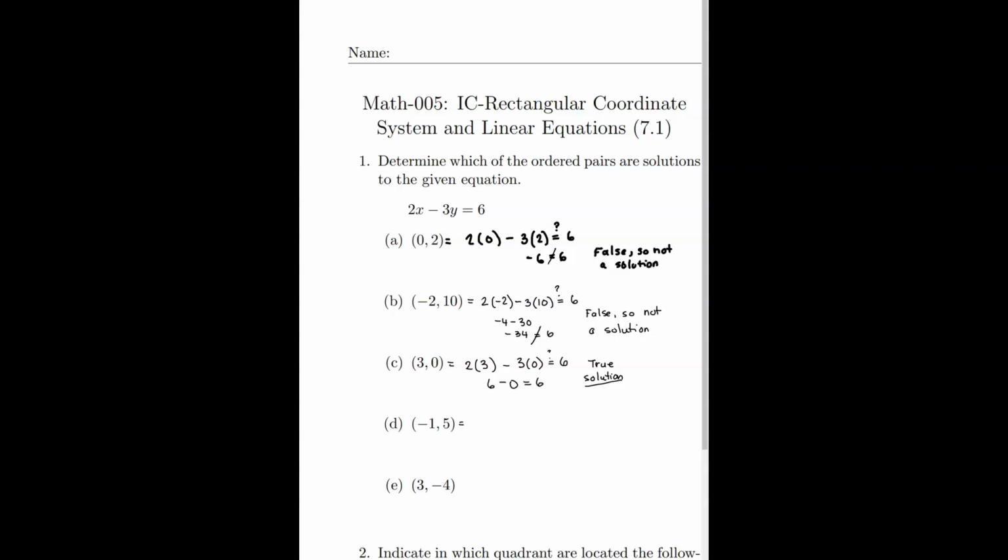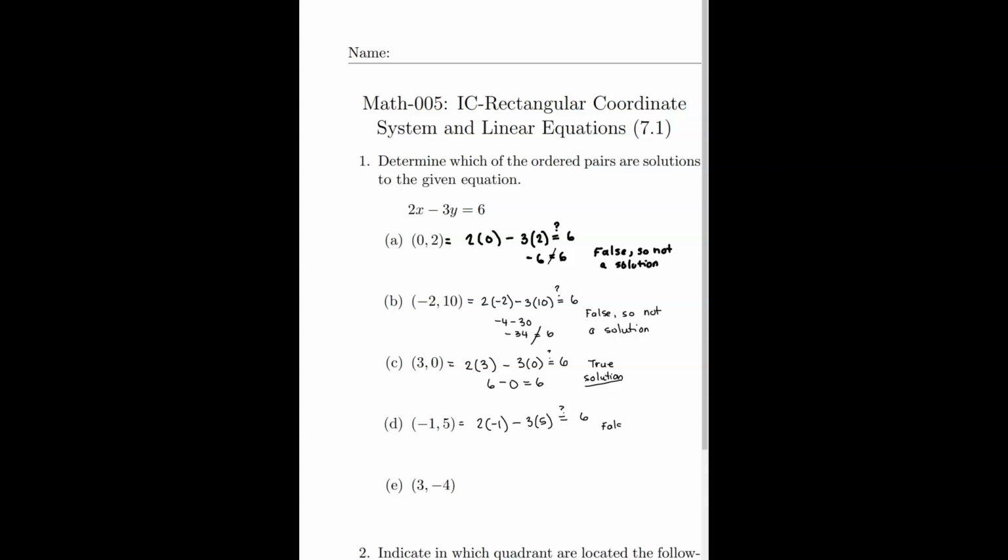I'm going to plug in a -1 and 5. 2 times -1 minus 3 times 5. And again, if you pause and think about this, this is going to be negative, this is going to be negative, and this has got to be a positive, and so it's already false. We know that already.